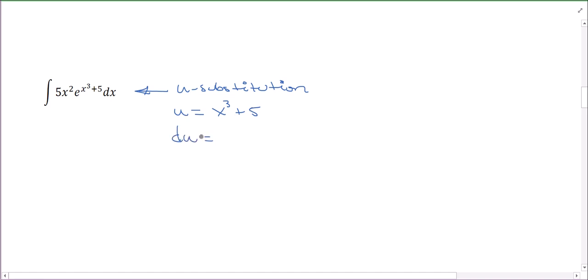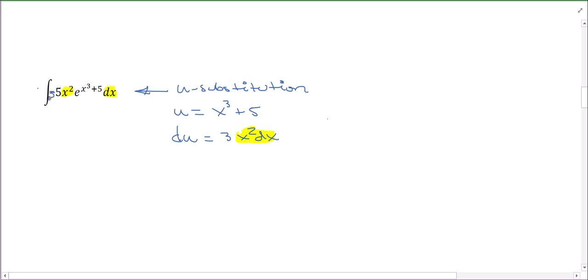So du, take the derivative, du dx, so this will be 3x squared dx. And now compare your du with what's in the problem. I see that I have my x squared dx, but I don't have the 3. So one thing you can do is put the 3 in here, so times 3.